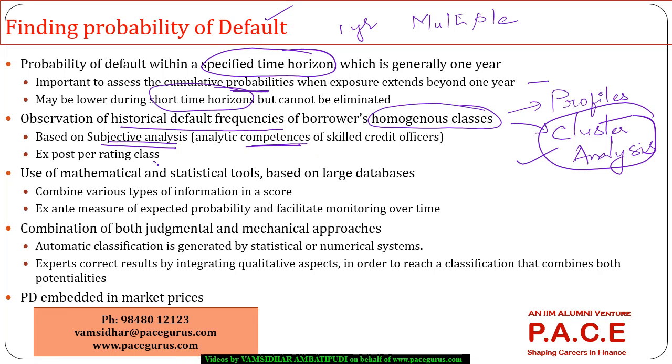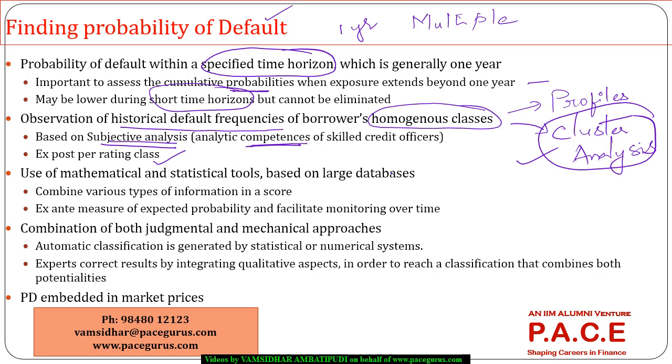But this is an ex post rating class, per rating class, because once we have grouped the observations, for each of them we have tried finding out the historical default frequency, and based on that we are trying to say that for this particular class of customers or borrowers, this is the probability of default. So this is purely based on the historical mechanism.